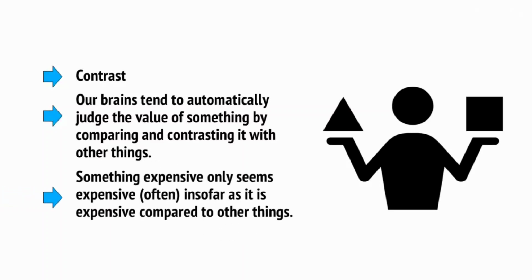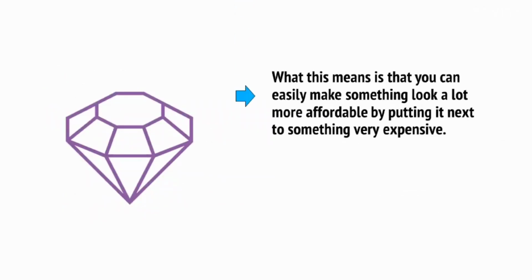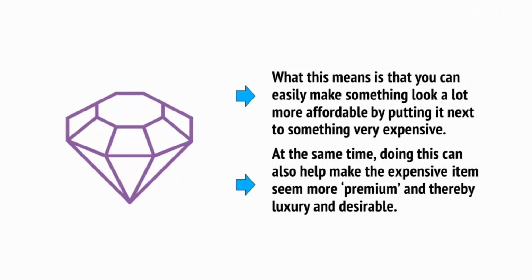Something expensive only seems expensive, often, insofar as it is expensive compared to other things. What this means is that you can easily make something look a lot more affordable by putting it next to something very expensive. And at the same time, doing this can also help make the expensive items seem more premium and thereby luxury and desirable.